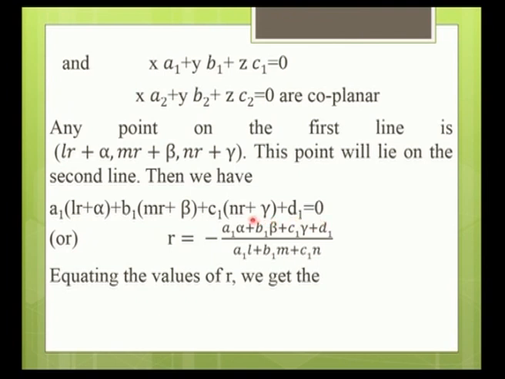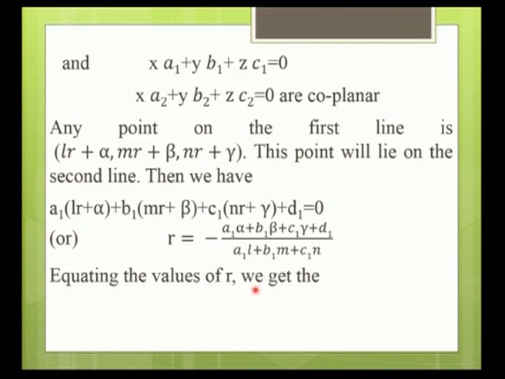This is the condition for the point to lie on both the lines. If we simplify this condition, we get r equal to minus (A1 alpha plus B1 beta plus C1 gamma plus D1) by (A1L plus B1M plus C1N).